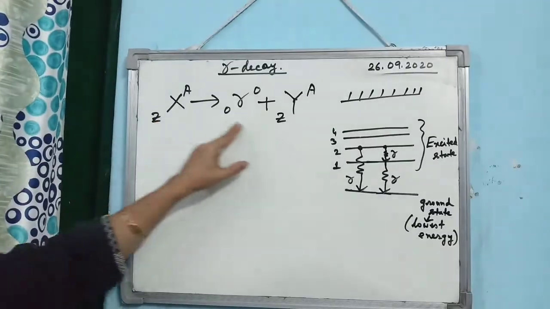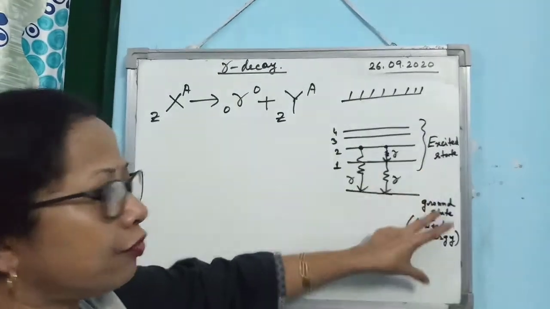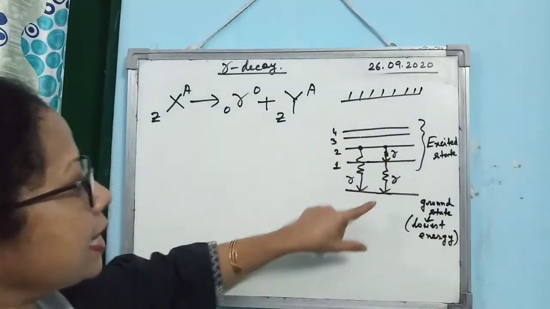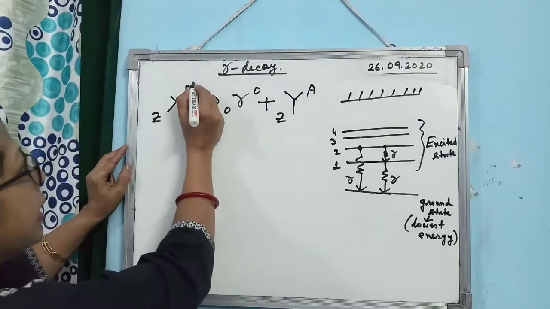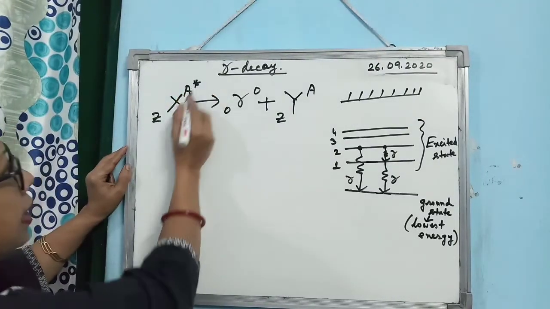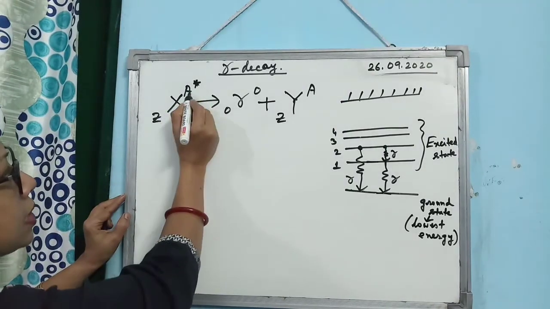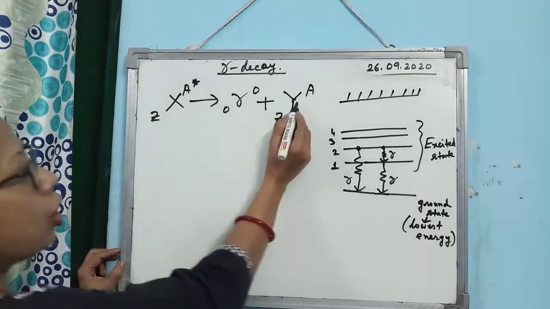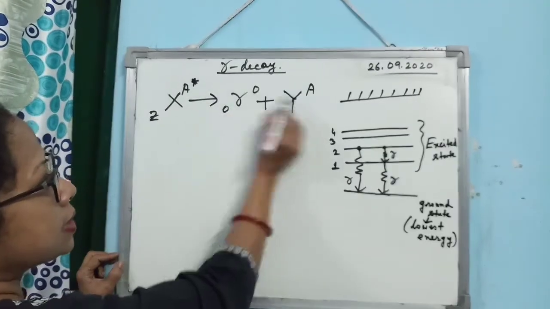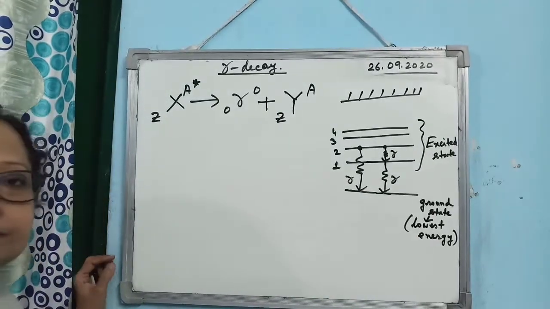But if you write it this way, it does not represent the exact fact of the gamma. What is the exact fact? The parent nucleus has extra energy; it is in the excited state. So we denote that by putting an asterisk above the parent nucleus. In the daughter nucleus, we do not put the asterisk, because the daughter nucleus means the nucleus in the ground state.